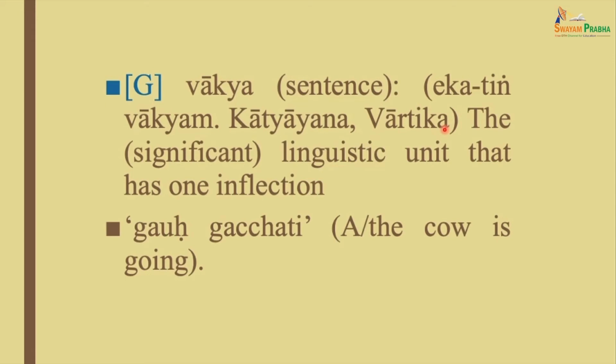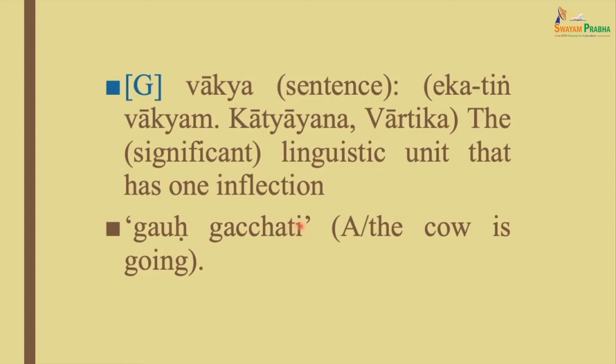And for the grammarian, a vakya, this is now very important. Panini does not define it. Patanjali also doesn't define it. Varttikakara Katyayana defines it. He says ekatin vakyam. That means it's a unit having at least one inflection. For example, gauh gacchati. Here, gauh alone is not a vakya because there is no conjugational ending.